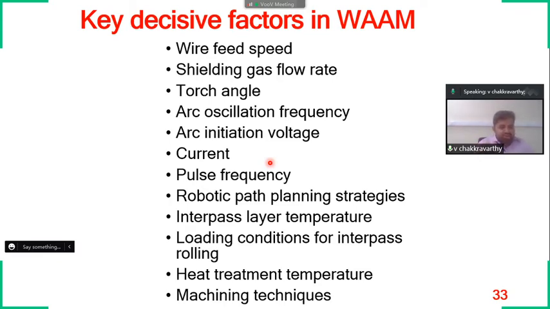Then the pulse frequency. I told you about pulse frequency earlier. How much metal is going to get deposited and how much oxide layer removal there is, that is determined by the pulse frequency. So we can channel the pulse frequency if we want to deposit more metal and have less oxide layer removal. Pulse frequency is how many times in one microsecond the positive-negative pulsing needs to be done.